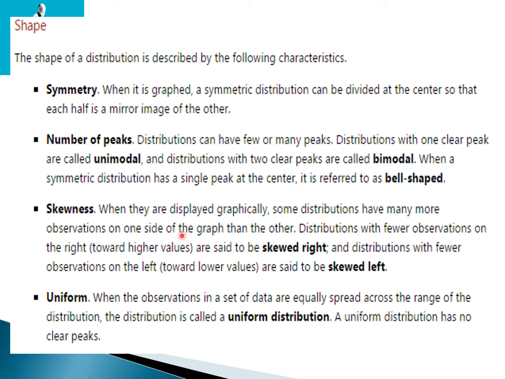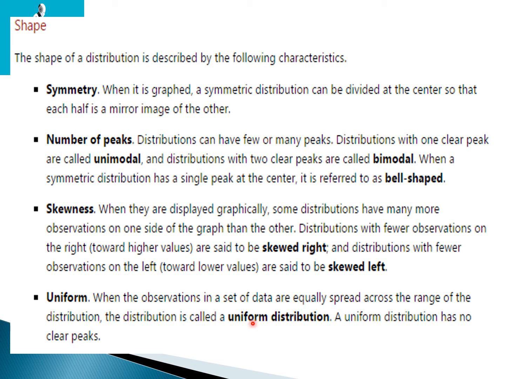Then regarding the skewness, when they are displayed graphically, some distributions may have more observations on one side of the graph than the other. Such graphs are known as skewed graphs. Distributions with fewer observations on the right are termed skewed right, and distributions with fewer observations on the left are termed skewed left.